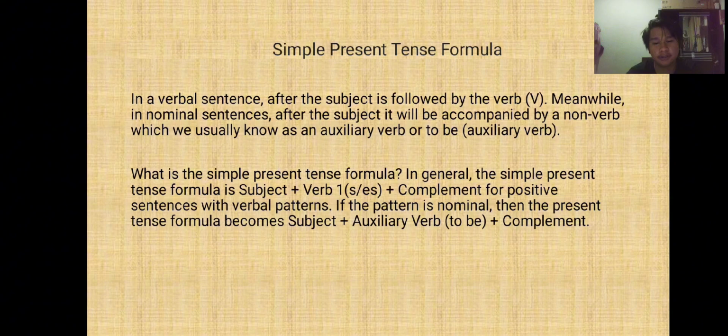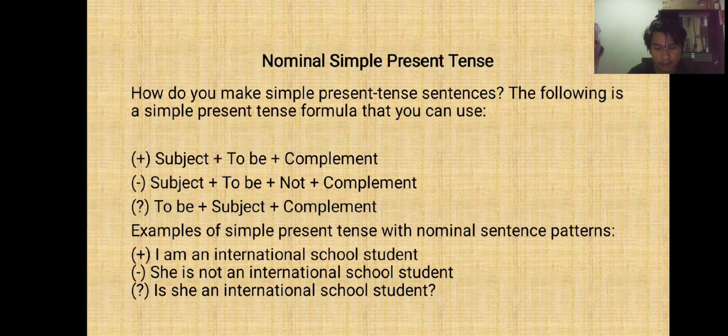If the pattern is nominal, then the present tense formula becomes subject plus auxiliary verb to be plus complement. Nominal simple present tense. How do you make simple present tense? The following is a simple present tense formula that you can use.